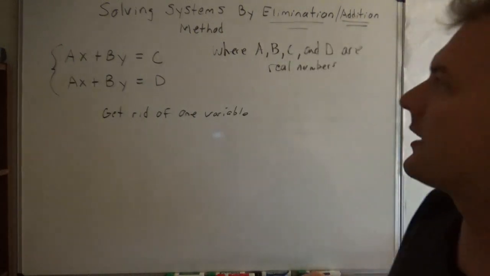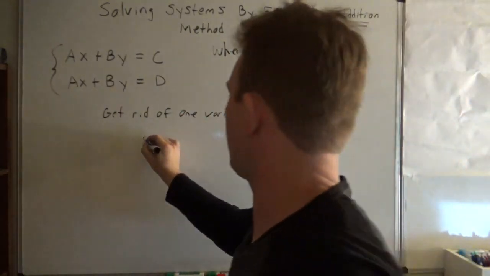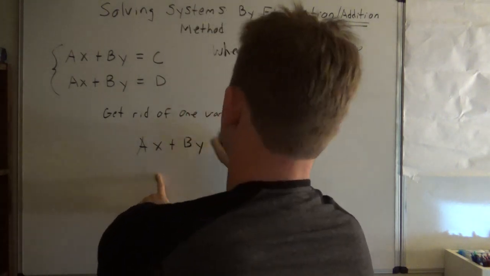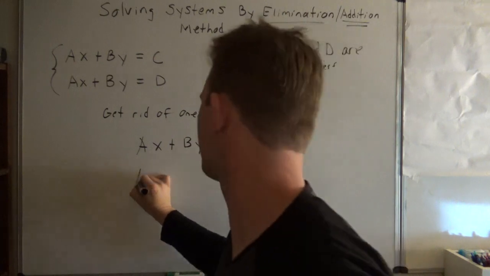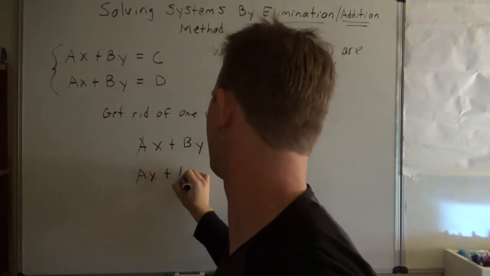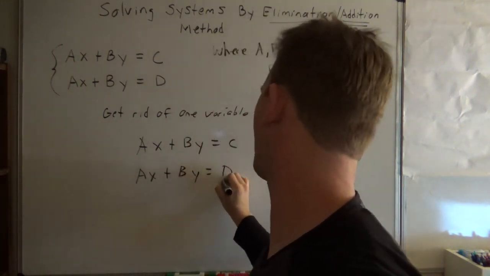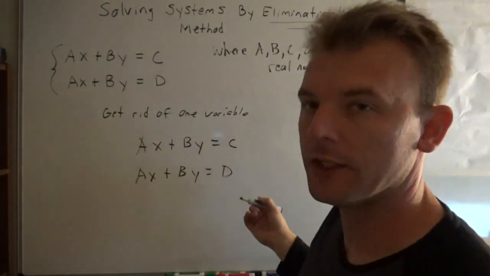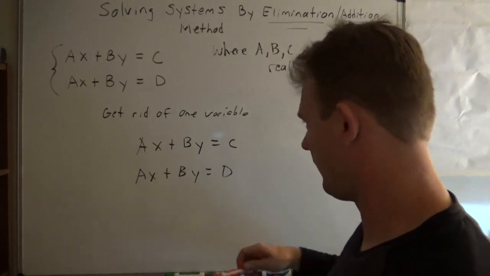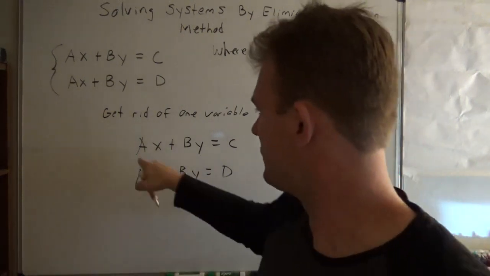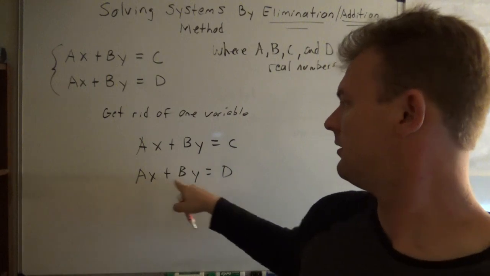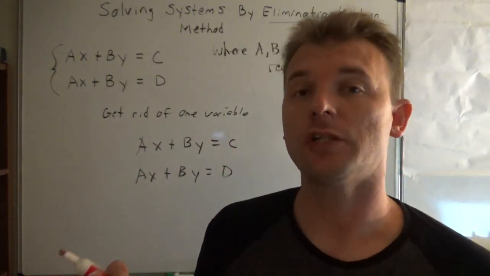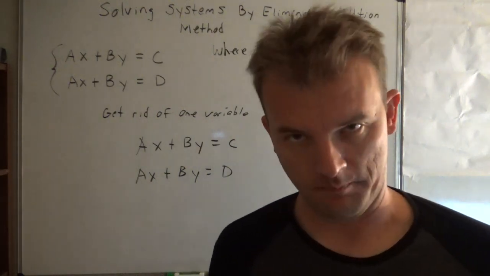To do that, we're going to take one of these and eliminate one of the variables. Do you see how all these are positive? We're going to switch the whole equation, one of the equations only, to a negative one.